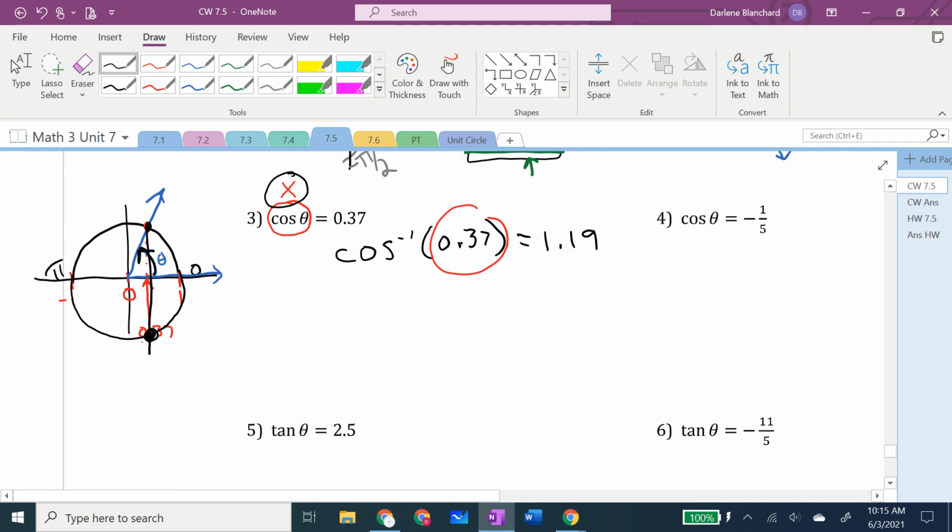If I want to look at what this angle is, then I'm looking at the symmetry of that angle is the same as this backward angle. If I start at 2 pi and I subtract the answer that my calculator gives me, that will allow me to locate the other circular position whose cosine is 0.37.